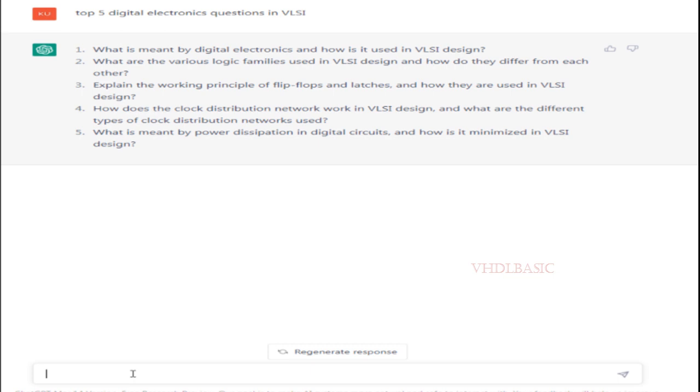In VLSI design, where circuits can contain millions or even billions of transistors, power dissipation can become a significant problem that affects both performance and reliability.